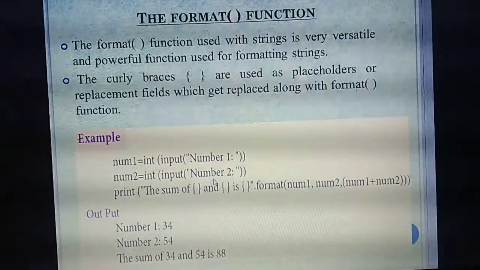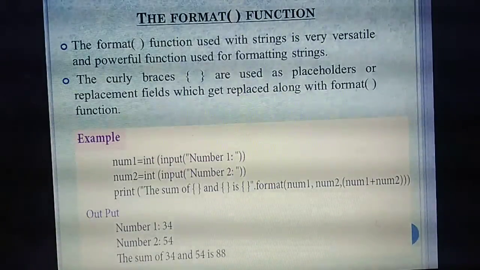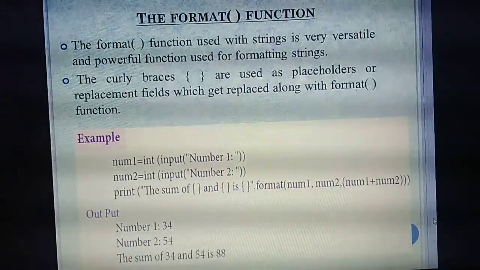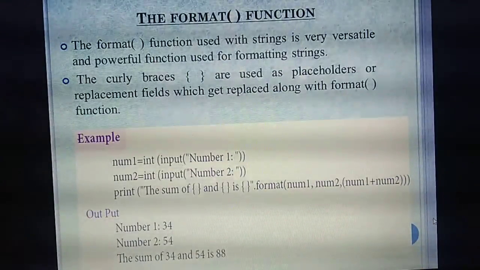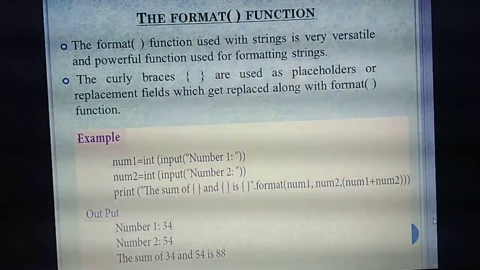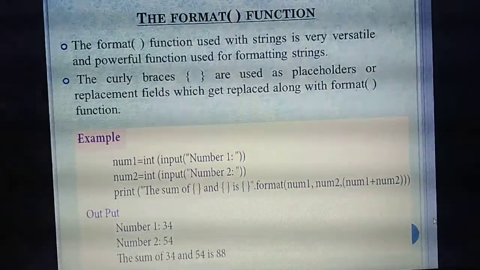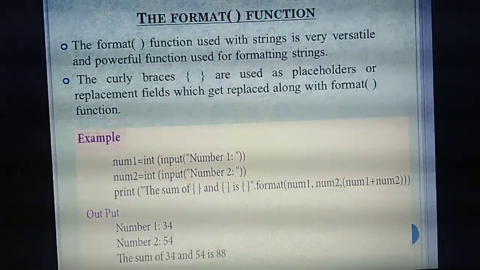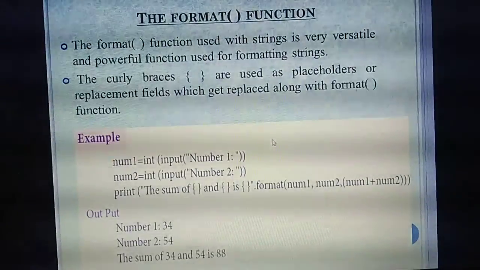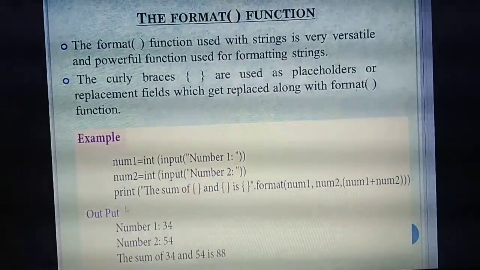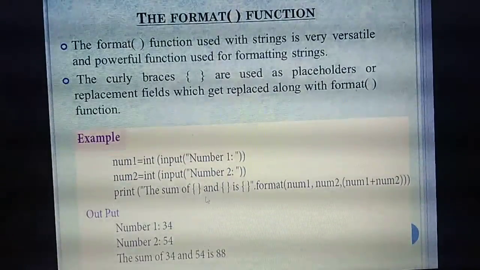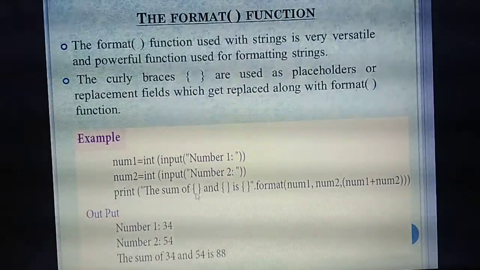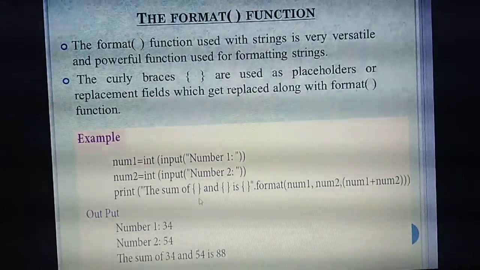Next you are going to print the sum of the two numbers. Normally, to sum you would simply add the two numbers, but here you are going to use the formatter function. Which symbol do you need to use? Curly braces. In the print statement you give a sentence: the sum of, and then curly braces. What is the meaning of this curly brace?